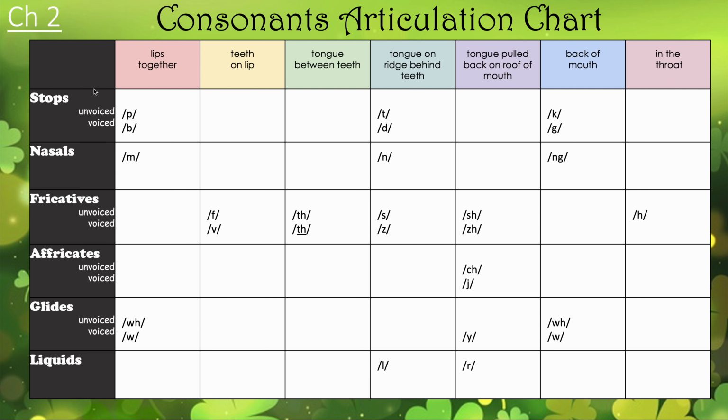Now we've got them listed on the side here on a sound wall. We have the manner of articulation up here at the top, and then we've listed the sounds inside the boxes. We do this to help students have a reference for what's happening in their mouth. If we're paying attention to what their mouth is doing, we make that connection to what letter that is.